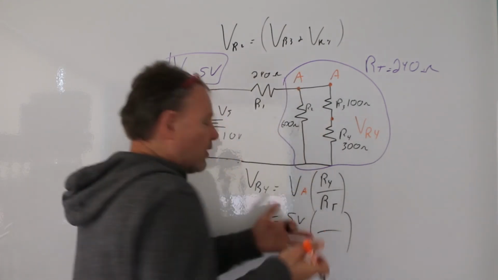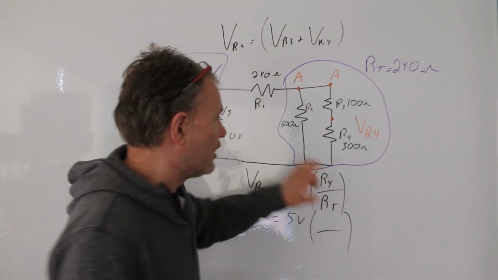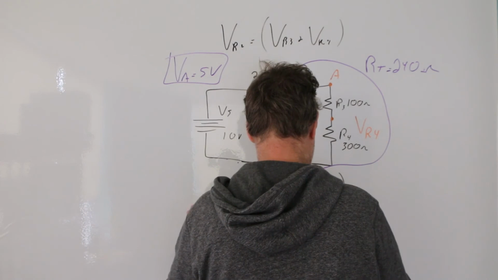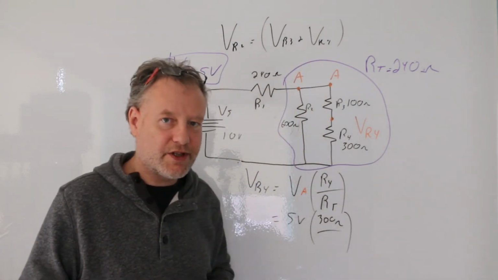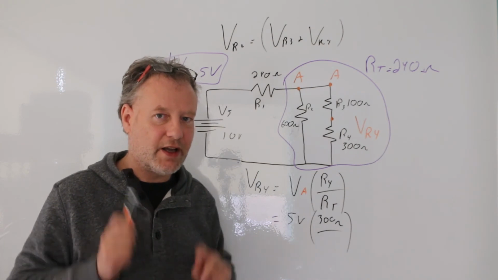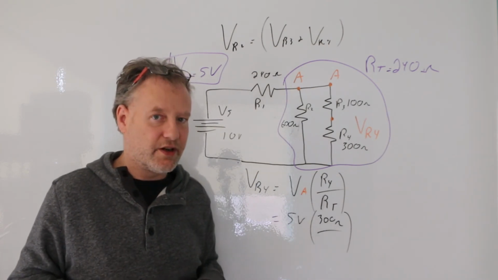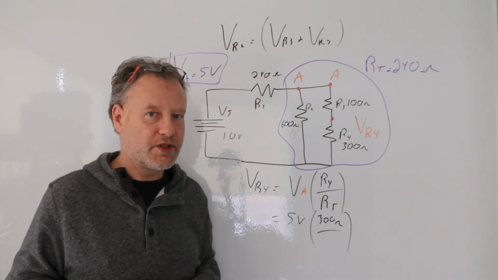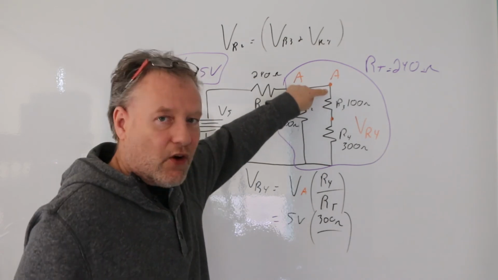I'm going to say 5 volts. Now in this case, what am I going to put here? Well, I just put R4. R4 is 300 ohms. What's the RT? The RT is the total resistance of the resistors that are dividing the voltage. The total resistance, in this case, of the resistors that are dividing this voltage is 400 ohms, because these two resistors are dividing this voltage.